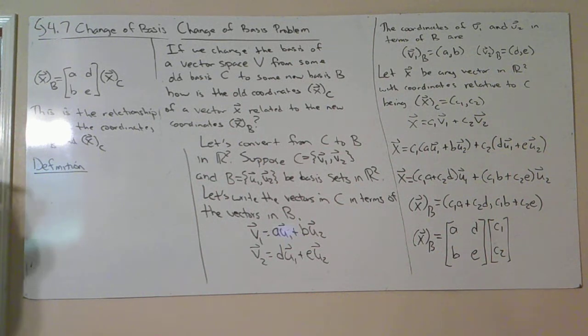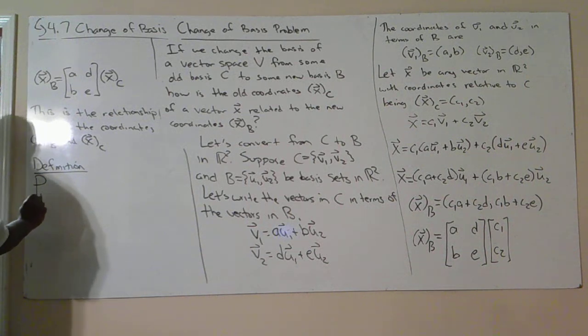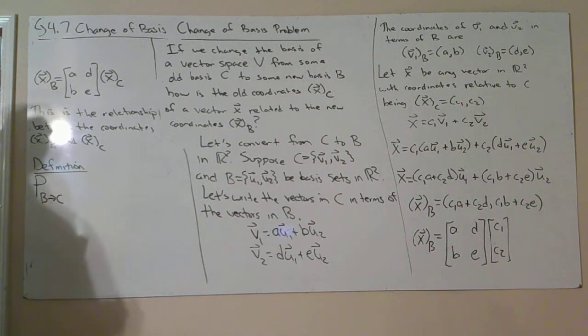I need to go to the next page. Here it is. I have capital P, subscript B to C. Okay, B to C. This is going to be equal to, or is it C to B?